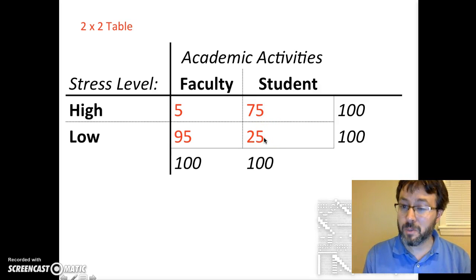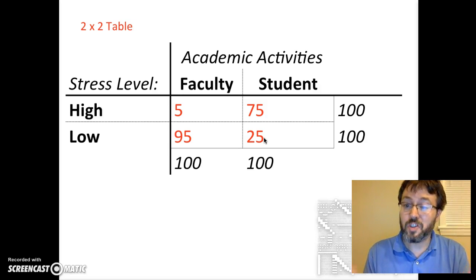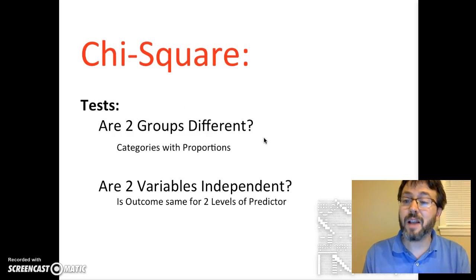So then our question becomes, is that difference based on chance alone or fluke, or can we statistically conclude that the proportion of stress in the faculty and the students, the proportion reporting high stress in those groups, are different? So that's what the chi-square test is designed to do. Essentially tell you, are these two groups different?